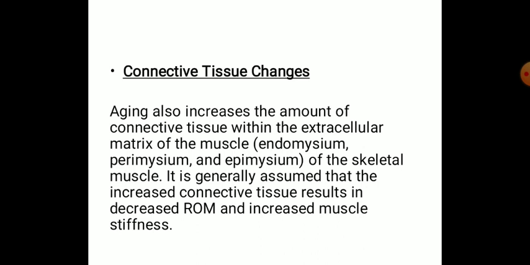In a normal young human body, the connective tissues account for 20% of total muscle structure. But as the body advances with age, the amount of connective tissue in that particular muscle may increase. As a result of that, the normal flexibility of muscle may be altered.